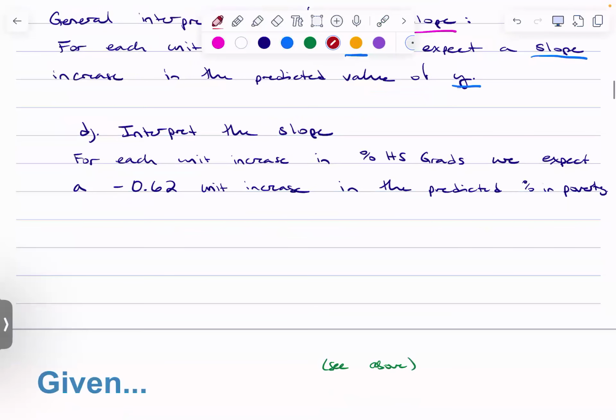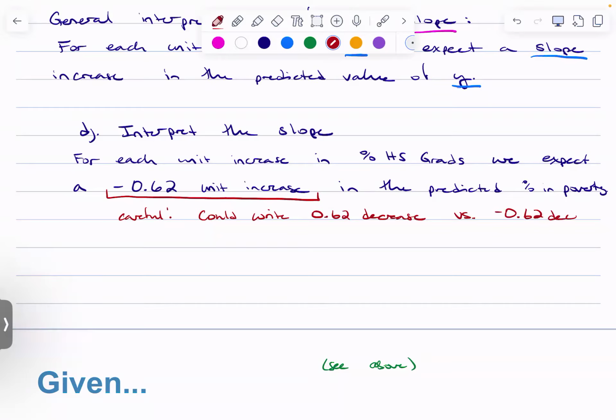And so here I'll say careful, you could write a 0.62 decrease, but I want you to think about a negative 0.62 decrease.